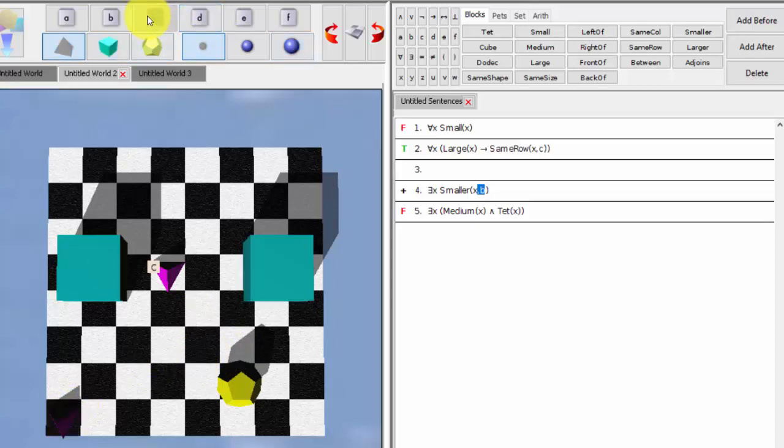If I make this B, the sentence will turn out to be false. However, if I make this B, then it'll be true because there are objects that are smaller than it.